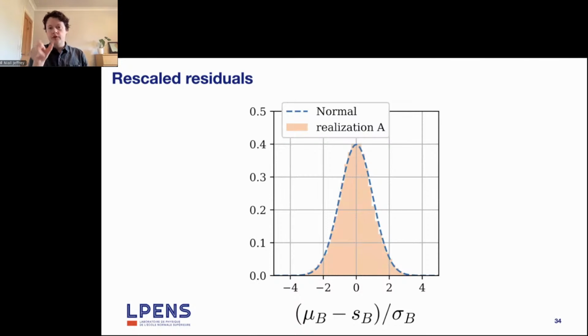For realization A, the fact that the mean is 0 and the standard deviation 1 is telling us that our phase harmonic statistic synthesis from only one single training image, which is a different training image, was able to synthesize new dust foregrounds in polarization sufficiently well that when they were used in our likelihood-free inference framework and then applied to real data, the result was perfect. So those syntheses are sufficiently good for this particular problem.